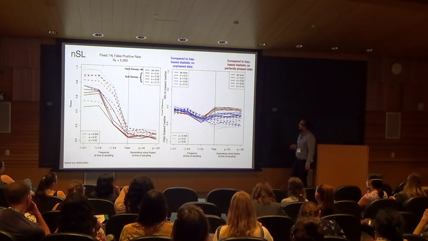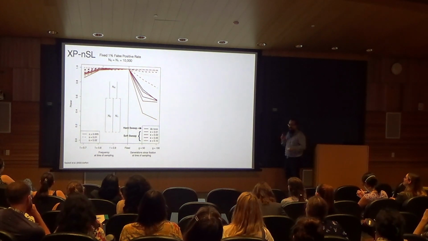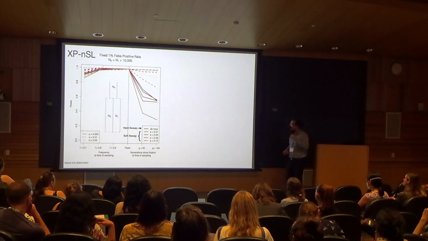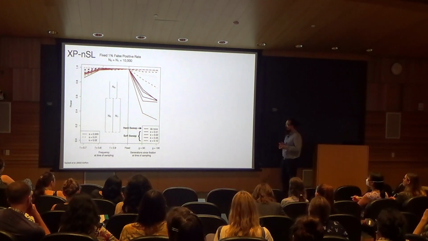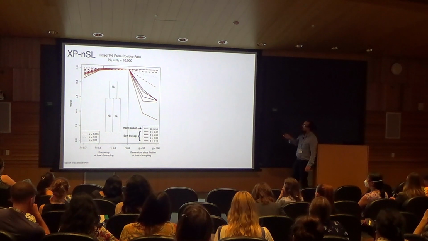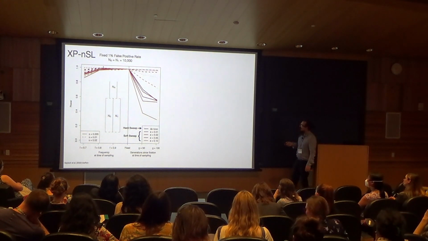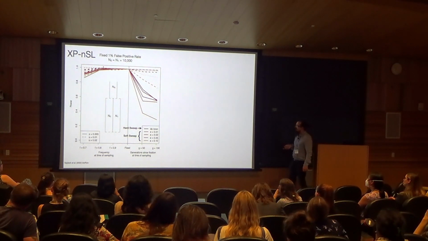But now I'd like to talk a little bit about using XP-nSL. Now we compare haplotype patterns in our query population to some other reference population, some sister population that we may have data for. And when the population sizes are equal and equal to 10,000, we actually do super well across pretty much all the parameters, including soft sweeps and even relatively weak selection.